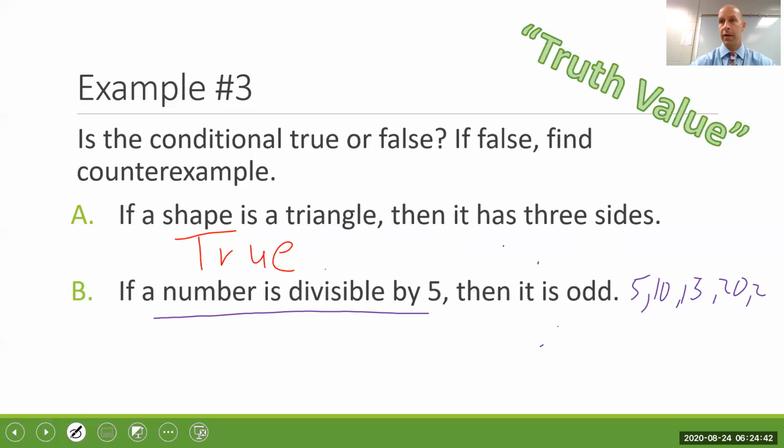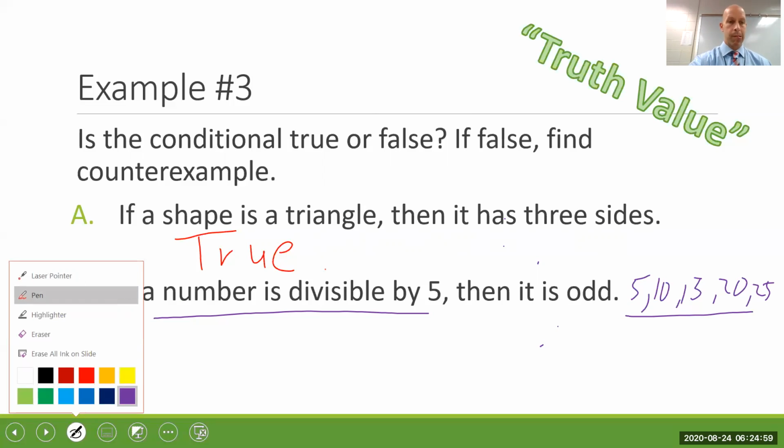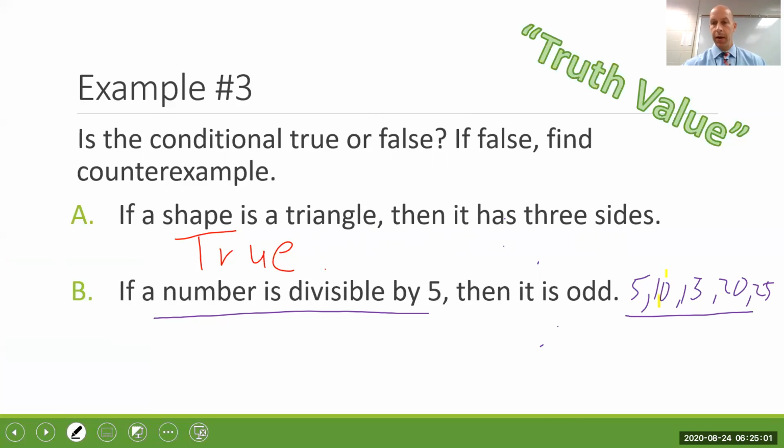And so we want to know if a number is divisible by 5, these are all divisible by 5, then it has to be odd. Well, that number is divisible by 5, but it's not odd. Heck, this one here is also divisible by 5, but not odd. So this one's false.